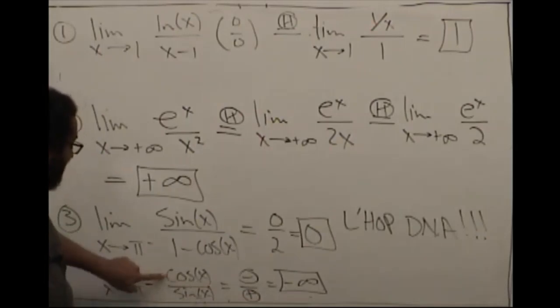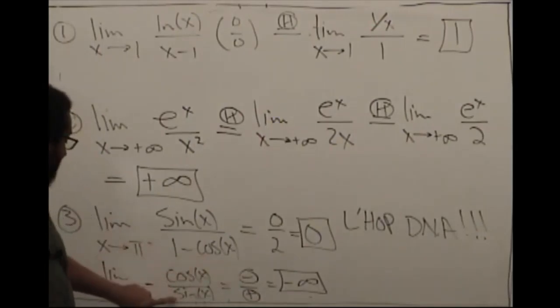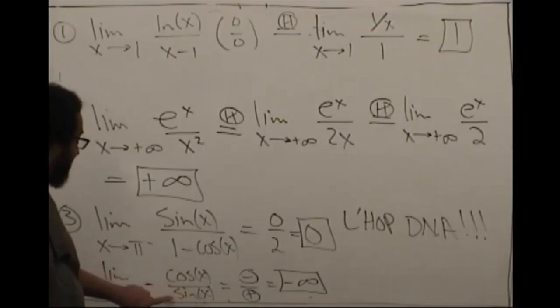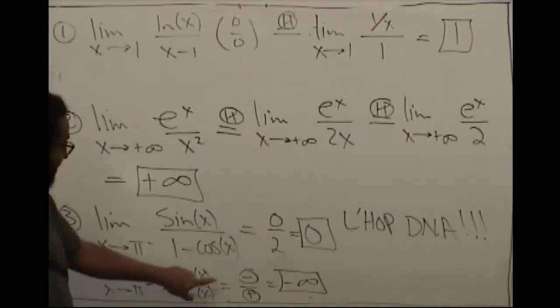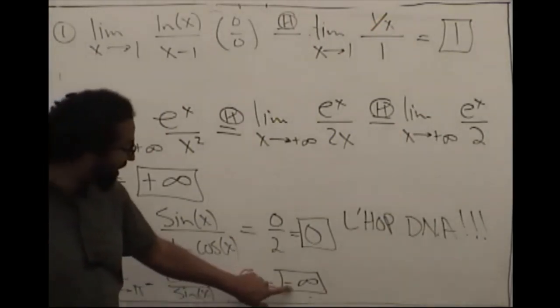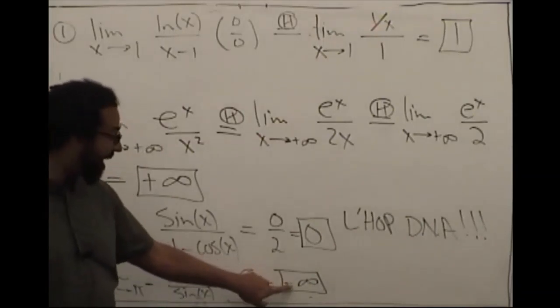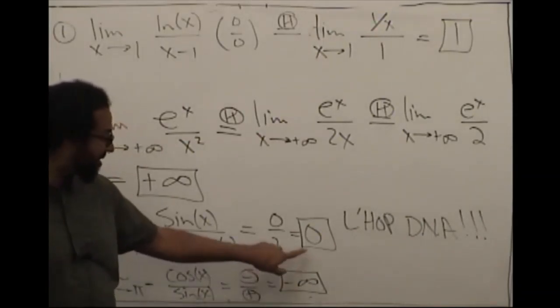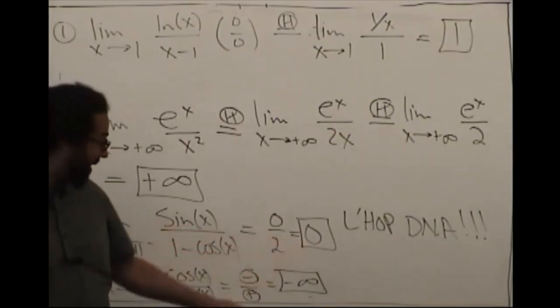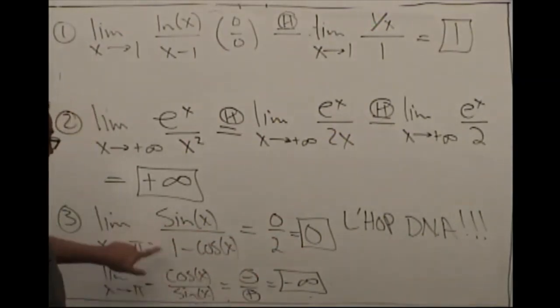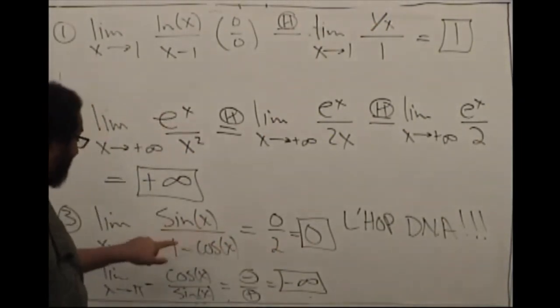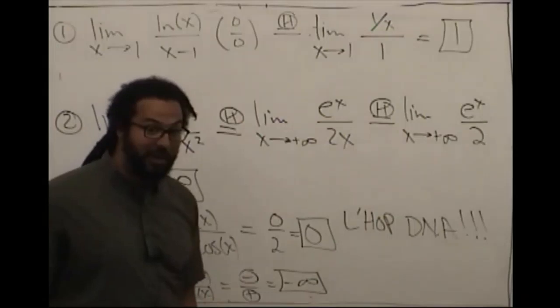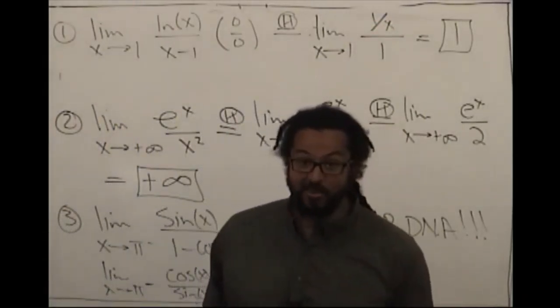So cosine of pi is negative 1, and when we approach pi from the left, the sine will return positive values. So it's negative over a positive, so that should be a negative infinity. Right, negative infinity is a far sight different than 0. So if you try to take derivatives right off the bat, you will get the wrong answer. The answer to this thing is 0. Okay, let's look at some more advanced examples in the next videos.